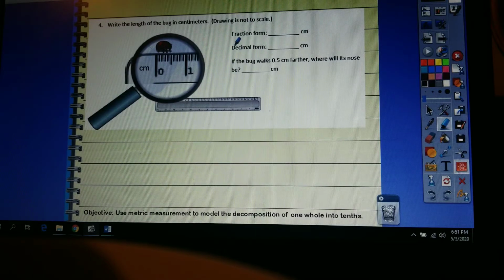Okay, it says write the length of the bug in centimeters. Drawing is not to scale, so that's not really how big a ladybug or beetle is. Okay, so they want fraction form and decimal form. If we're looking through our little magnifying glass, there's our whole, which would be 10/10.